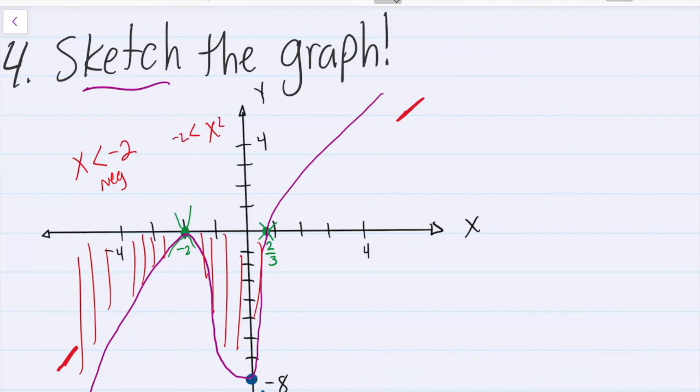And look, when x is bigger than 2/3, it's positive. So also watch out for those intervals, because when it's below the x-axis it is negative, when it's above the x-axis it is positive. And that's basically how you sketch a polynomial.